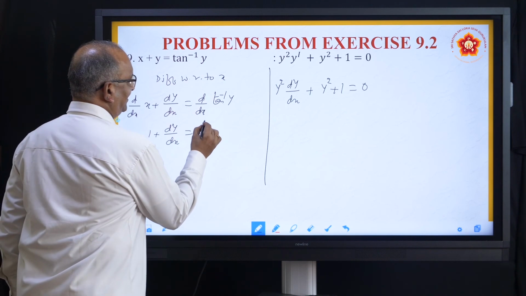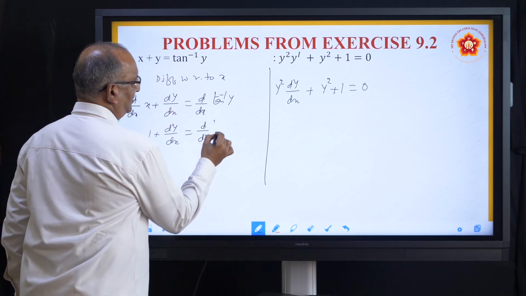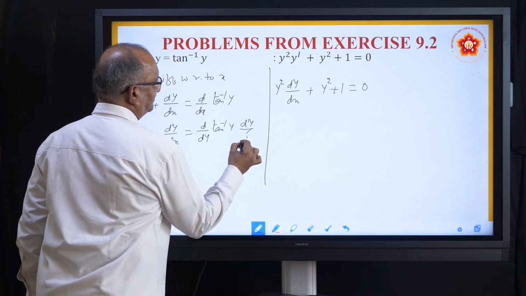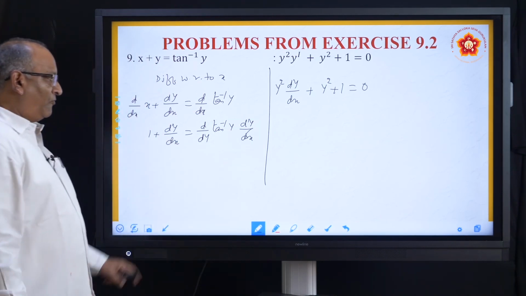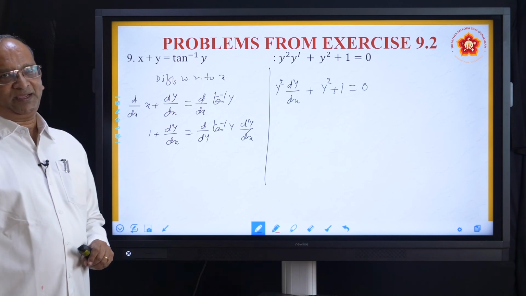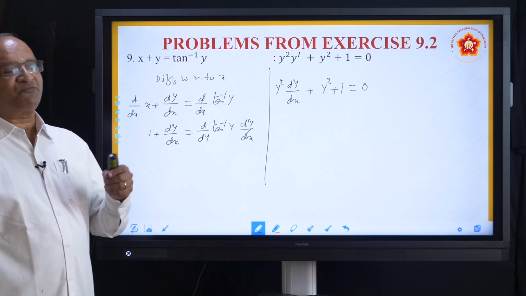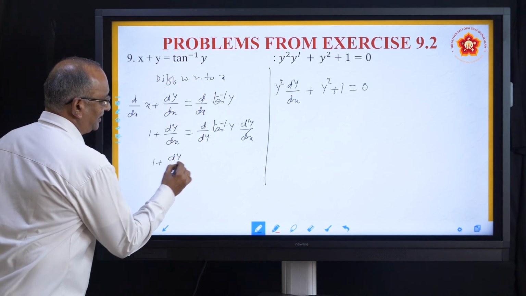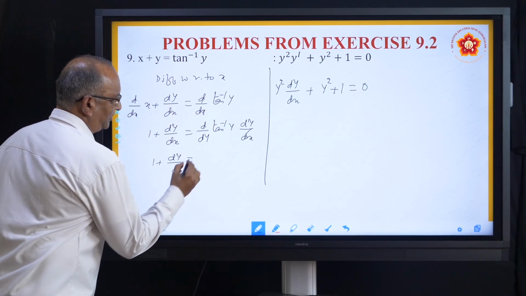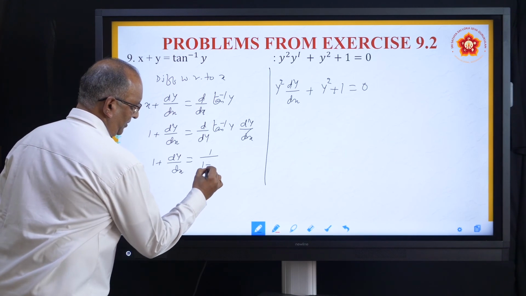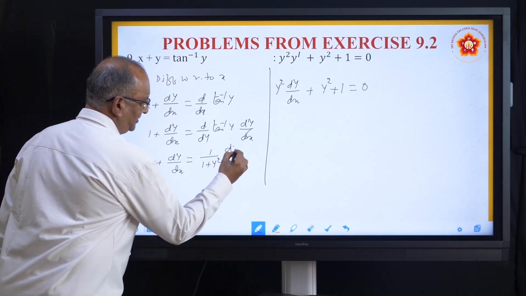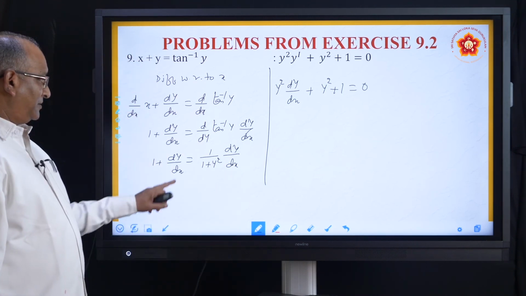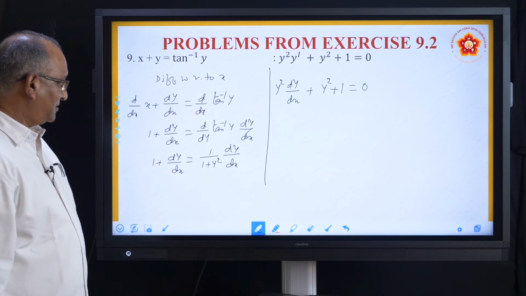We will say d by dy of tan inverse y into dy by dx. What is the derivative of tan inverse y? It is 1 upon 1 plus y square. So here we get 1 plus dy by dx equal to 1 upon 1 plus y square into dy by dx. This is what we got.